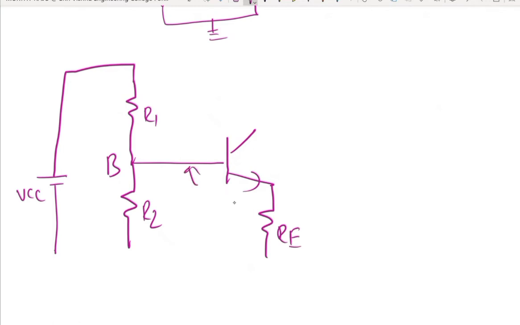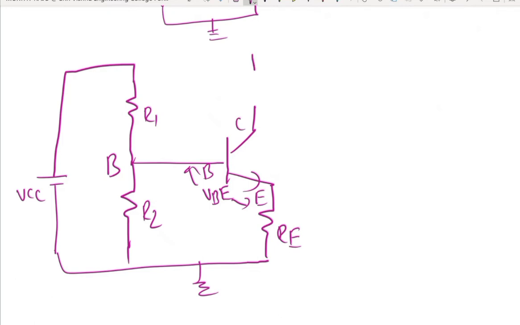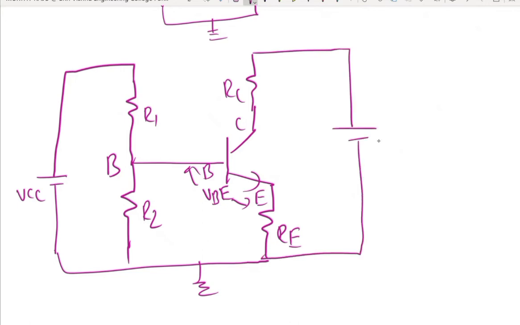The voltage here is VBE, connected to ground. This is the emitter terminal. This is the base terminal. This is the collector terminal. This one is RC. Here VCC, VCE, VRC, VRE.